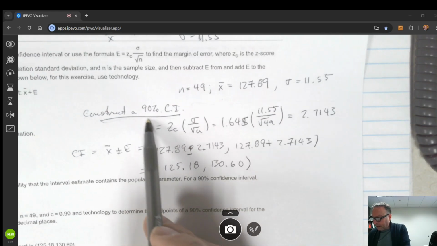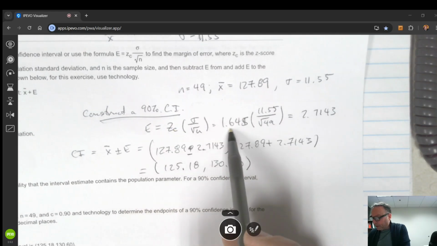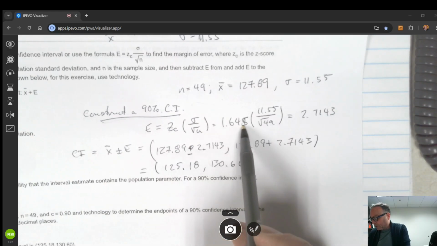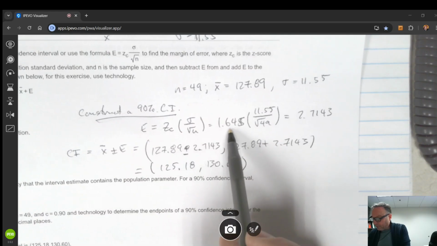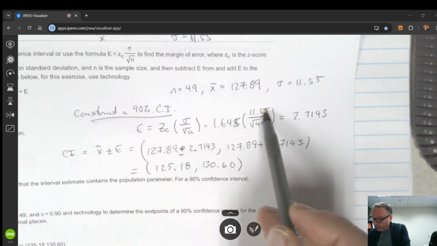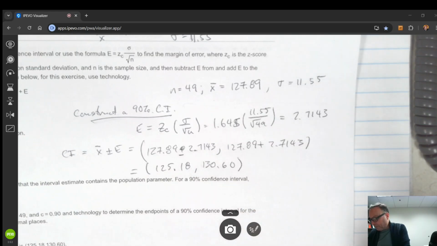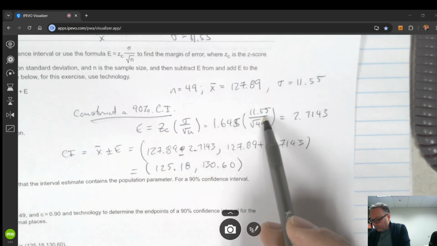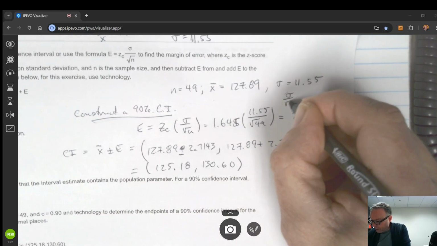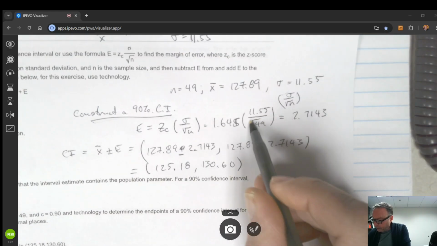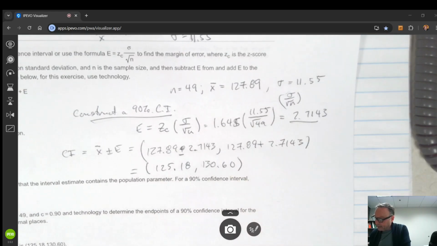Well, the 90% confidence interval corresponds to a Z_C of 1.645. That's how many standard deviations from the mean. And then I plug in the standard deviation: sigma all over the square root of n. I plug in those numbers, and I get E to be that.